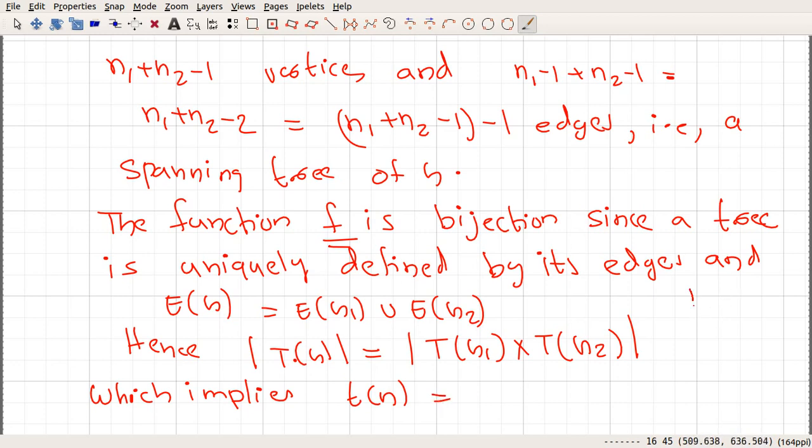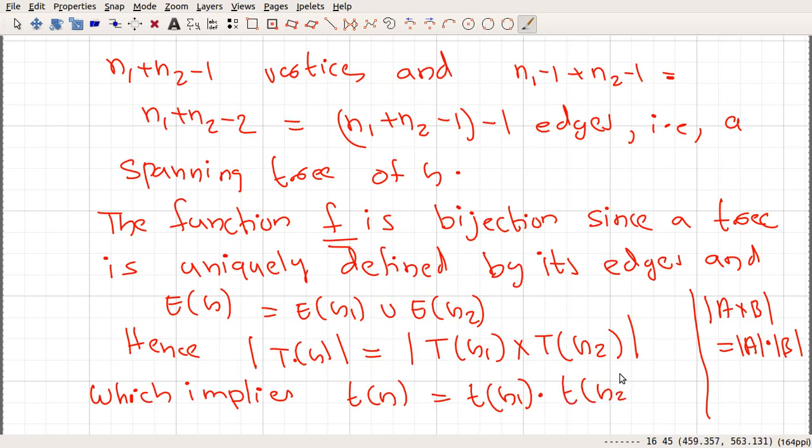Okay, and we know from basic set theory the cardinality of A cross B is nothing but the cardinality of A times the cardinality of B. Okay, so that is going to be the number of spanning trees in G1 times the number of spanning trees in G2. Okay, and that's the proof.